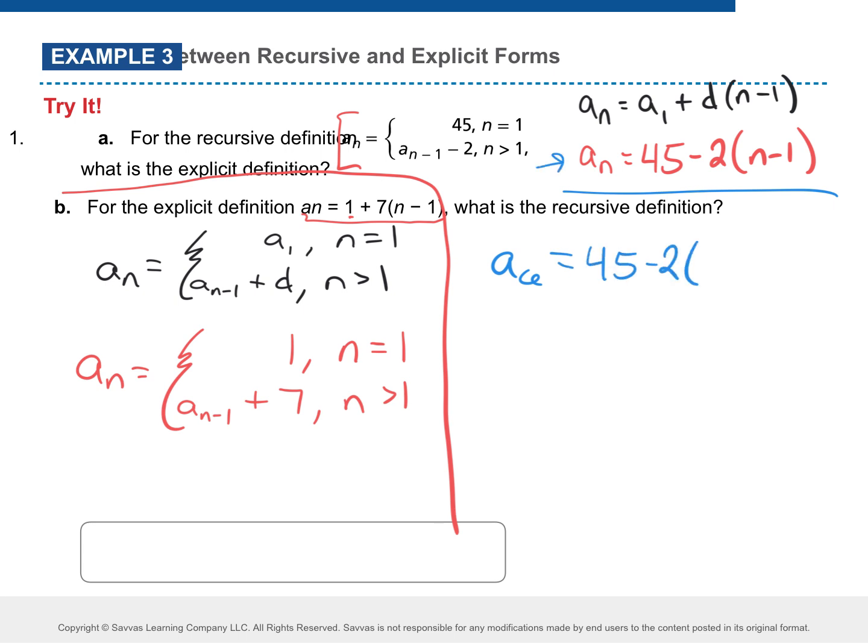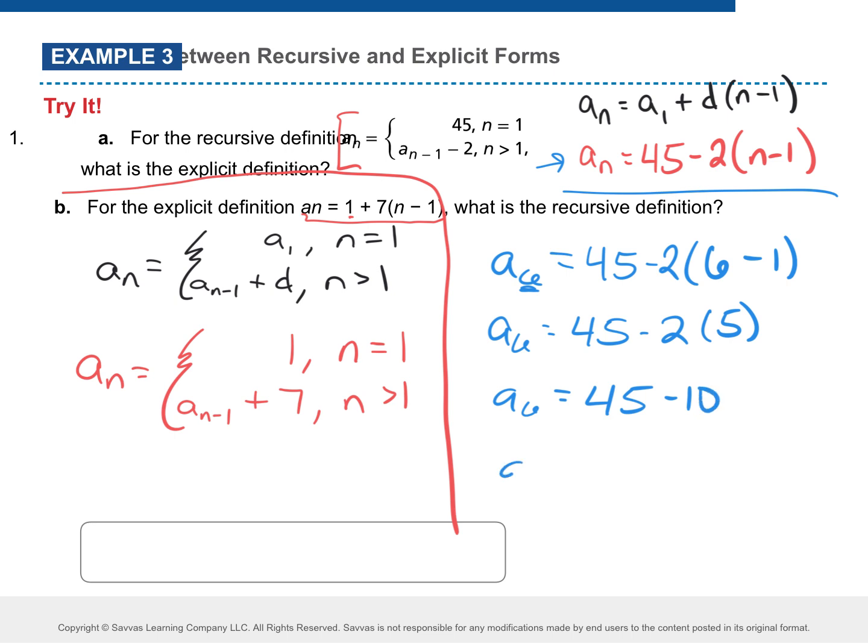Well, what's my N value? 6, because remember, N is always going to match whatever term you're looking for. Okay, and then we have minus 1. Now we solve 45 minus 2 times 6 minus 1? 5. Keep going. So we have 45, negative 2 times 5? Negative 10. 45 minus 10. 35. So my sixth term in the sequence is 35.